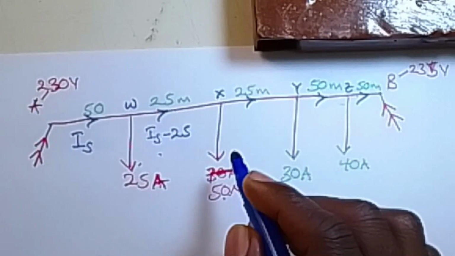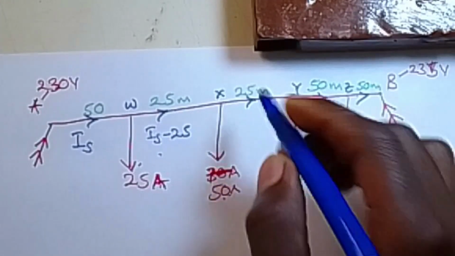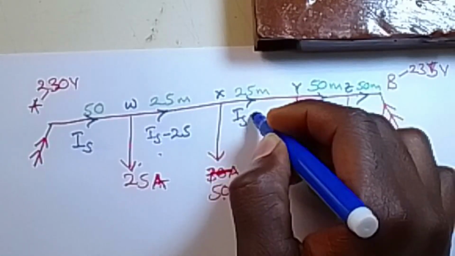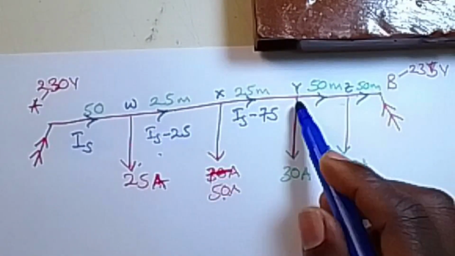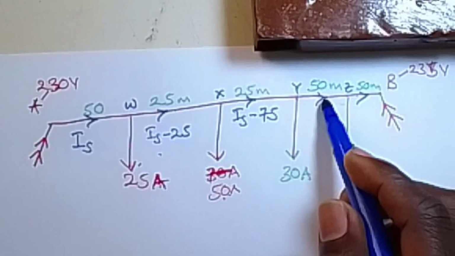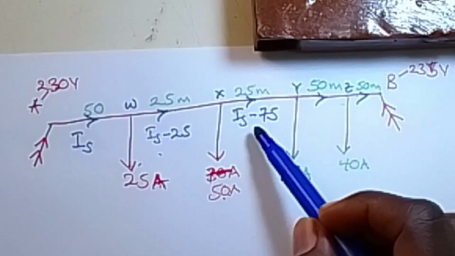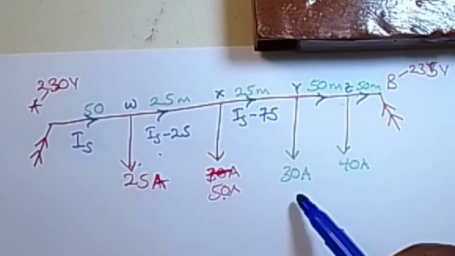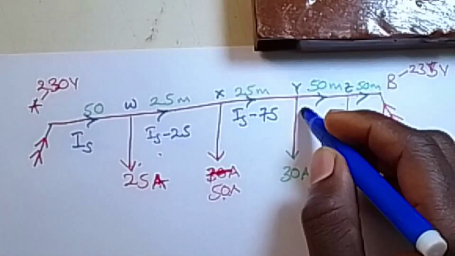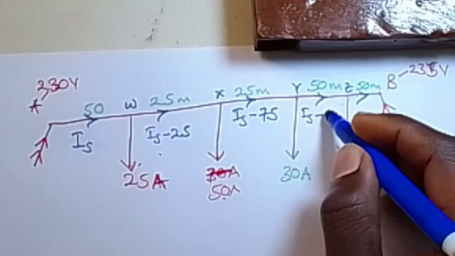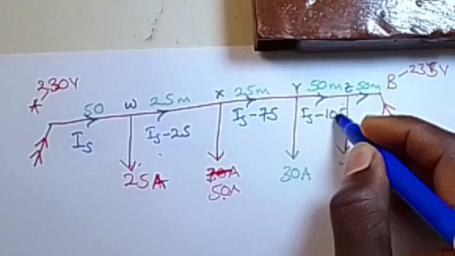That is giving us IS minus 75. Similarly, from here, the current flowing will be this current minus what is being tapped off. So that will give us IS minus 105.